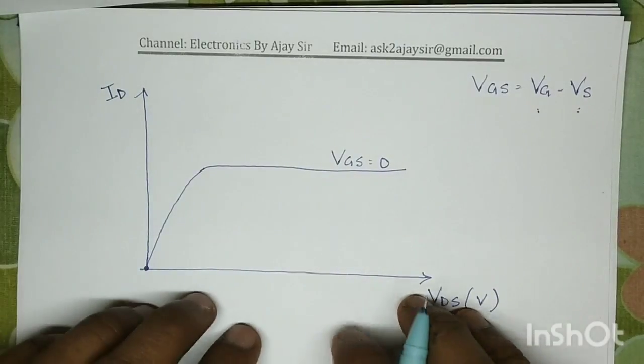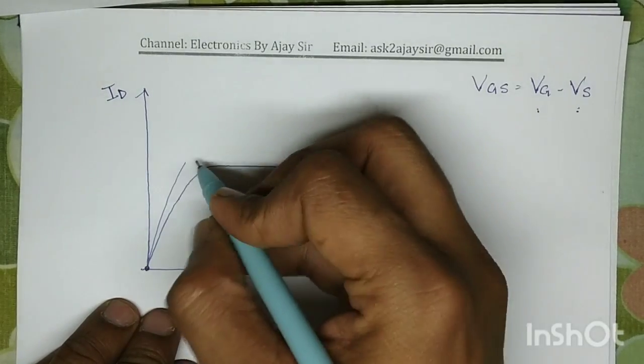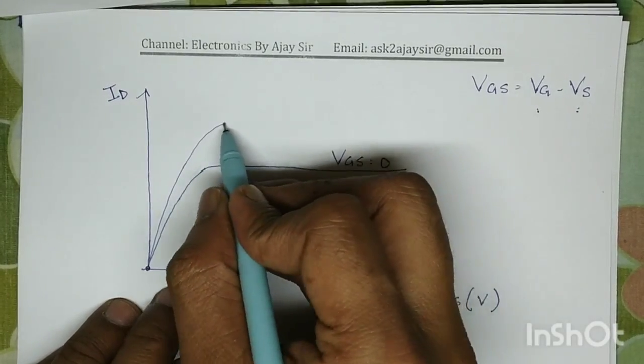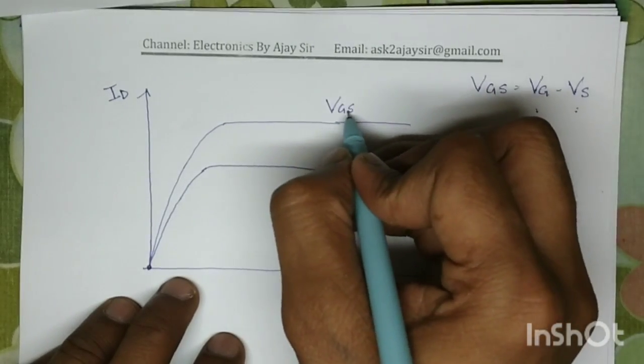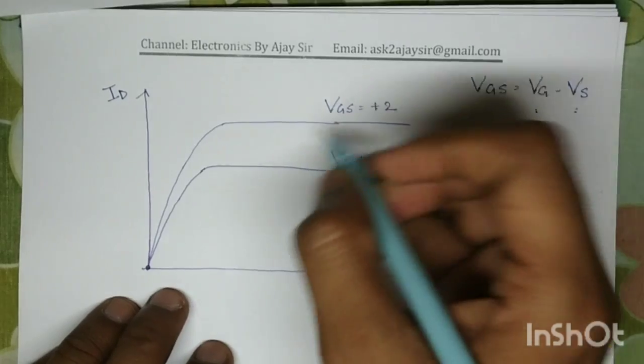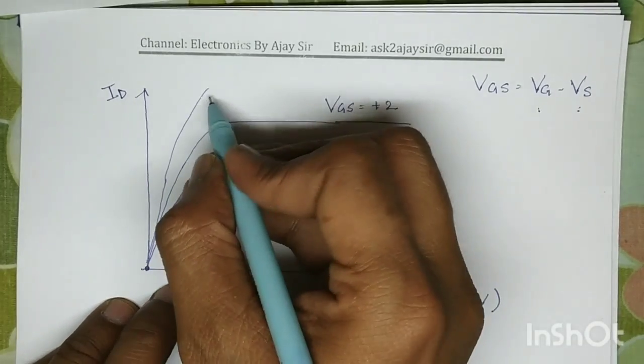So if this is the plot for VGS equals 0, and we apply some positive potential on the gate, the current carrying capacity of the device rises. Let's suppose this is the plot for VGS equals +2 volts. If we further increase the gate potential, this curve will move higher and higher.